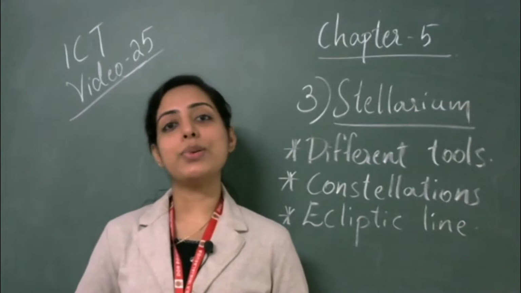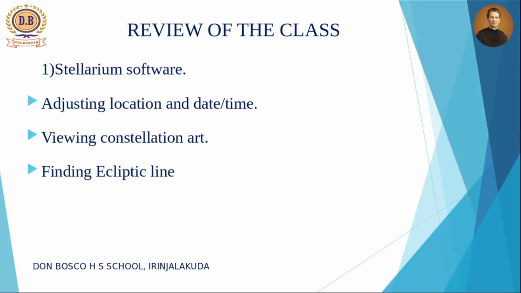Okay. So in today's session, you have learned about the third software called Stellarium. In that software you have learned the first activity, adjusting the location and date and time, and also viewing constellation art by using several tools like atmosphere tool, ground tool, constellation art tool, constellation line tool, constellation labels, etc., and studying the uses of the different tools from your textbook.